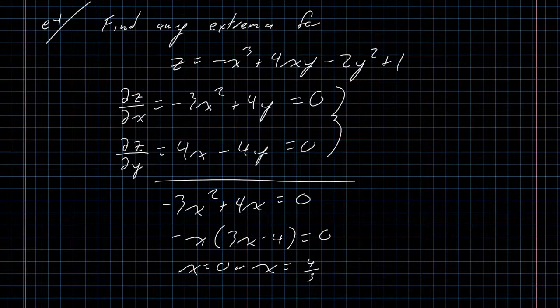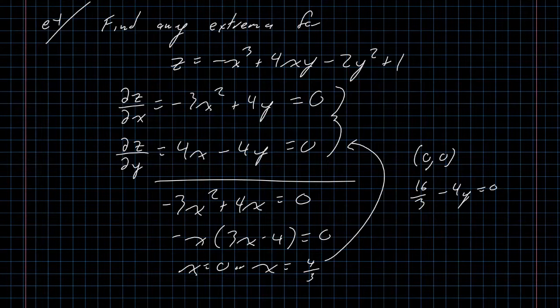Then, taking these results and plugging them back into one of the equations, I think the second equation is a little bit easier to work with. When x is 0, that means that y is 0. And when x is 4/3, I get 16/3 minus 4y equals 0, which means that 4y equals 16/3, and y is positive 4/3.